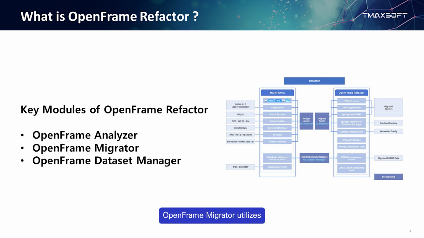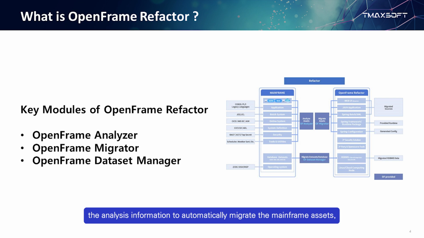OpenFrame Migrator utilizes the analysis information to automatically migrate the mainframe assets, including COBOL, JCL, and system configuration files, to Java or Spring Boot configuration files in an open environment. OpenFrame Dataset Manager provides a solution for automatically migrating VSAM, file systems, and databases, such as NDB and IMSDB, to RDB in an open environment.